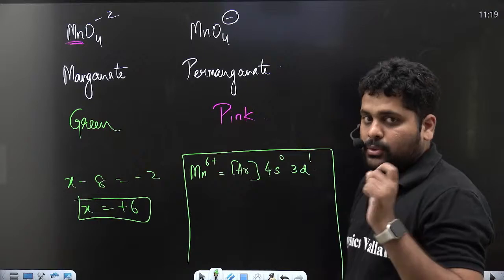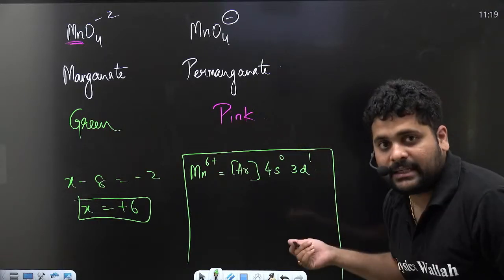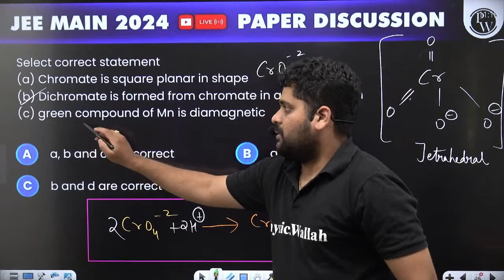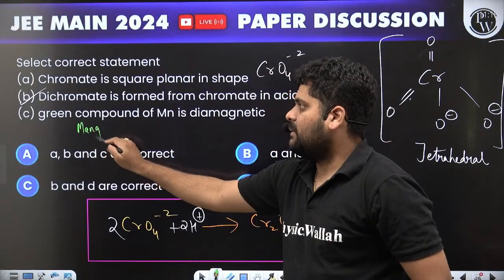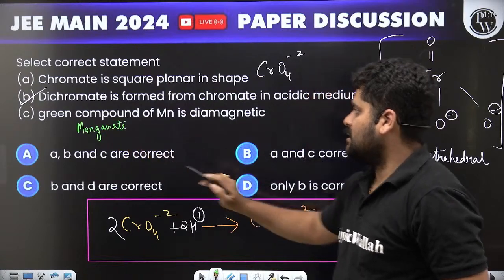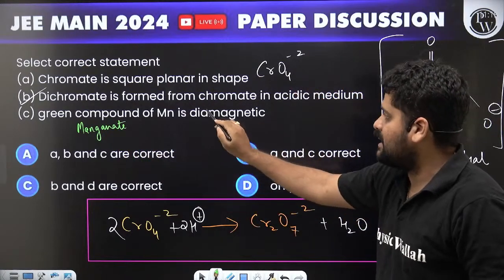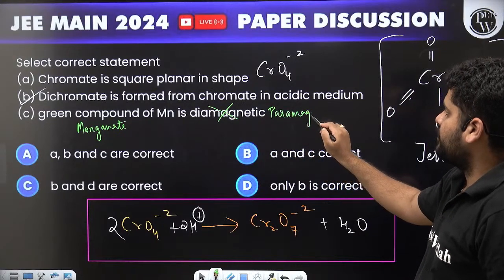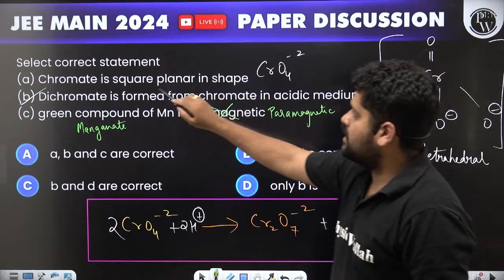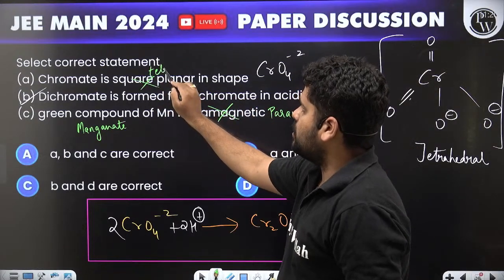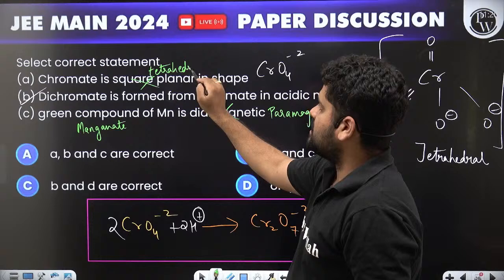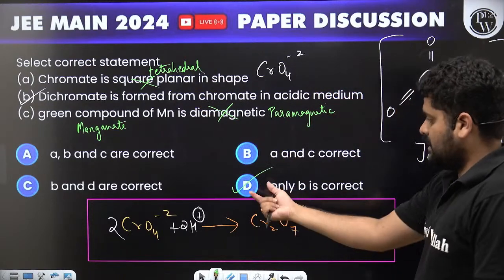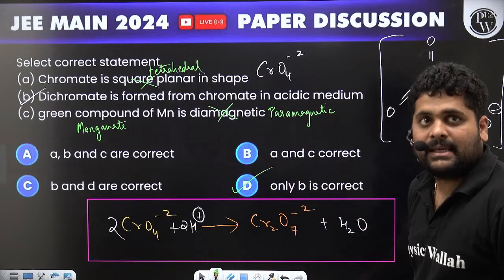Now do you think that this can be diamagnetic? No. See, what does the statement say? Green compound, that is manganate ion, is diamagnetic in nature. There is only 1 unpaired electron, which means this should be paramagnetic, and this should be tetrahedral. So out of these three options, we have only one option which is correct. It is option D, where it is written only B is correct.